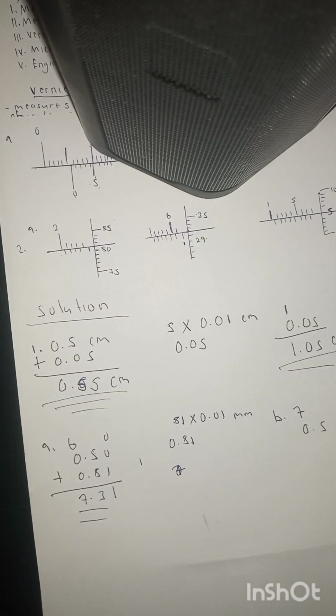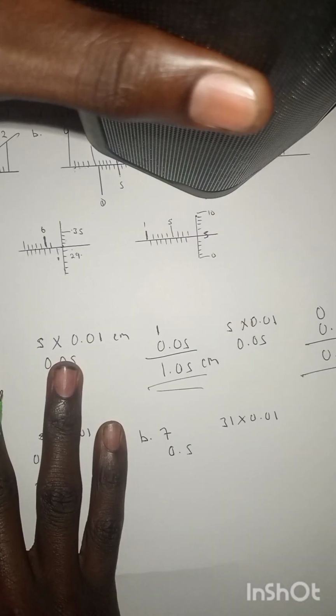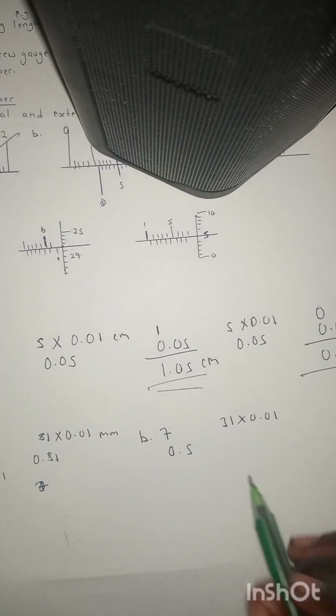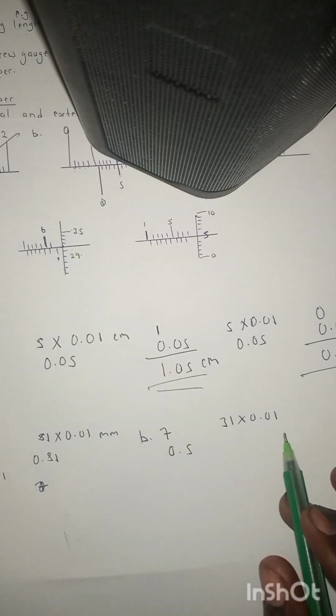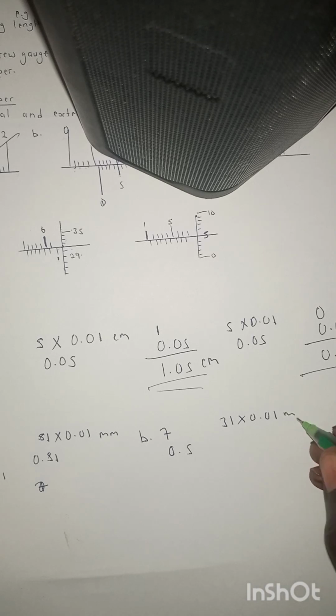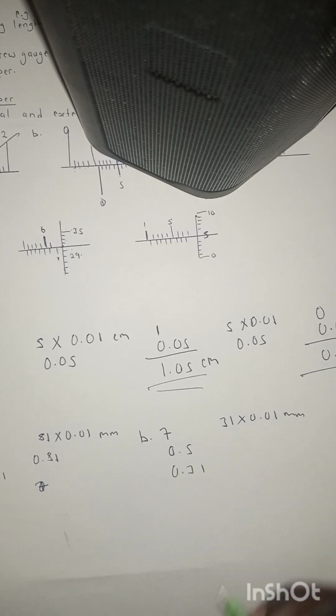So you just say 31 and multiply by the accuracy. And I'm repeating again, please do not forget to multiply with the accuracy, okay? So 31, which we've both agreed on here, 31 times the accuracy in millimeters, the answer will be 0.31, okay?